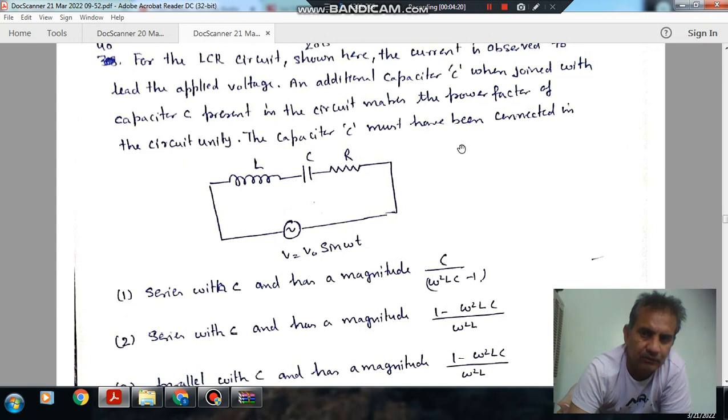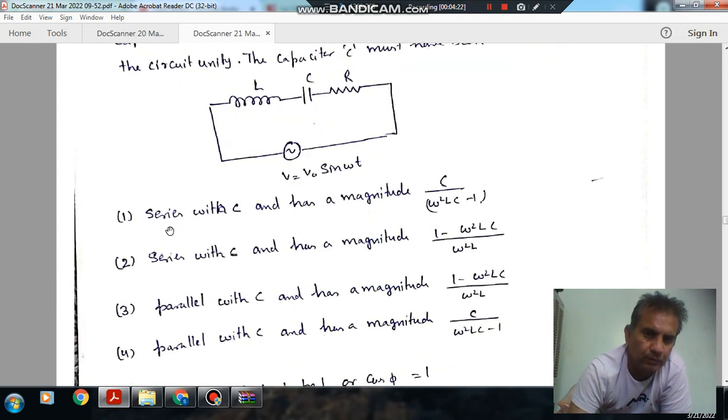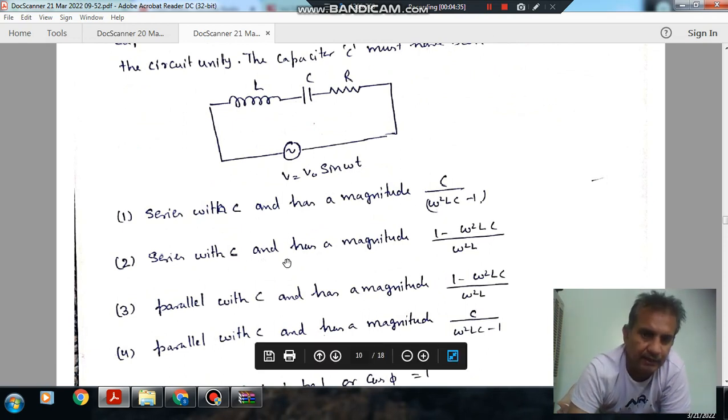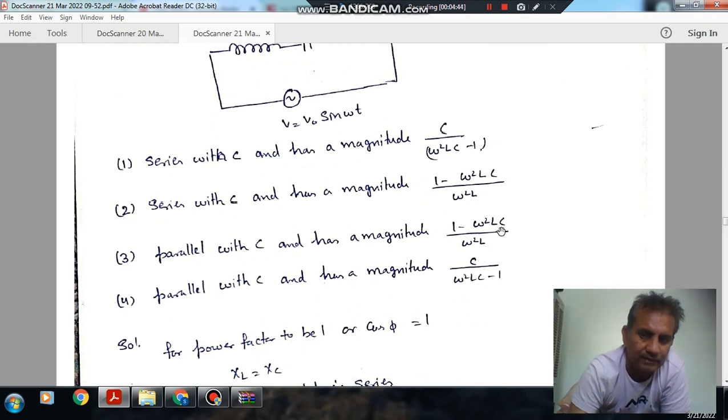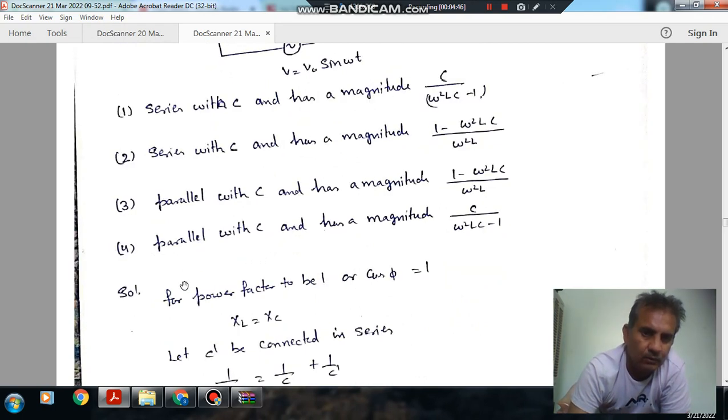The capacitor C' must have been connected: option 1, in series with C and has magnitude equal to C divided by omega square LC minus 1. Option 2, in series with C and has magnitude 1 minus omega square LC divided by omega square L. Option 3, in parallel with C and has magnitude 1 minus omega square LC divided by omega square L. Option 4, in parallel with C and has magnitude C divided by omega square LC minus 1.